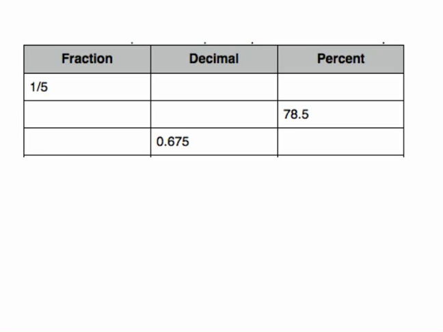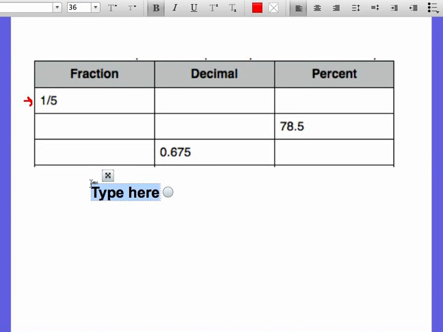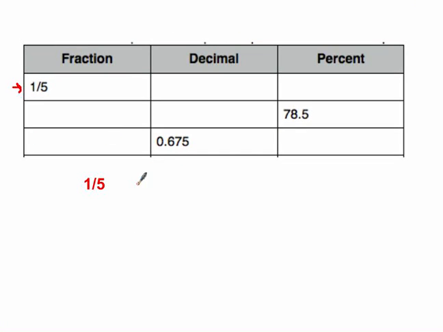So at the top, if you see the fraction 1/5, to get it into decimal form, we need to get rid of that denominator or make that denominator 1. We can do that, and I'm going to just write it out somewhat sloppy down here at the bottom. We can do that by dividing out the denominator.